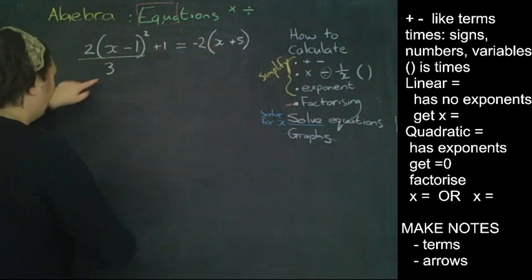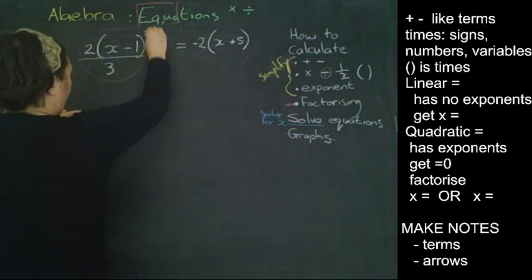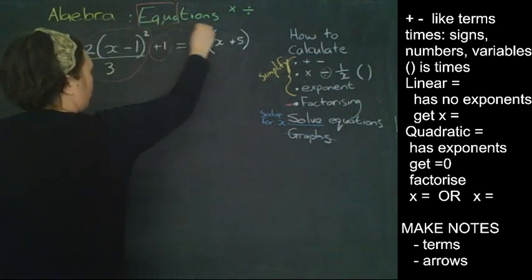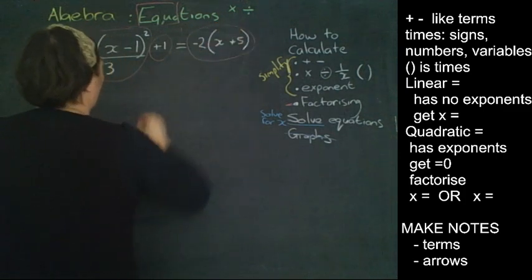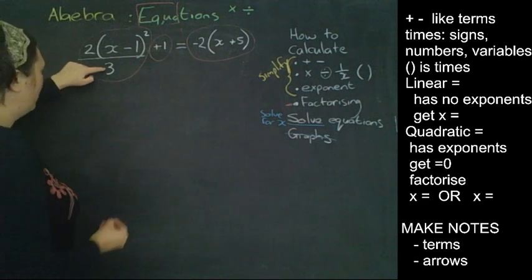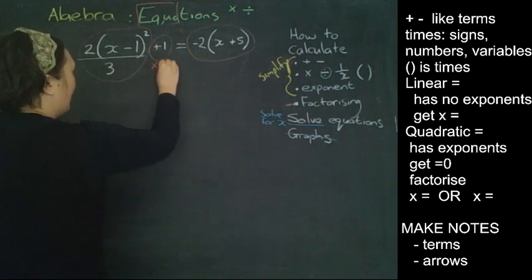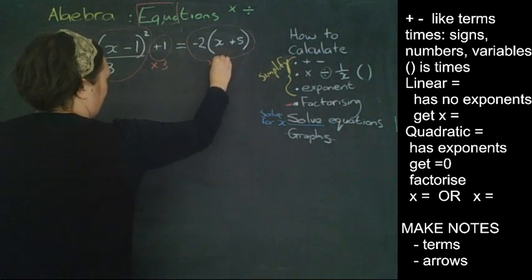So here, this is one term, that's one term, that's one term. We want to get rid of this 3 so that we don't have a fraction. So we're going to multiply by 3, but we need to multiply everything by 3.